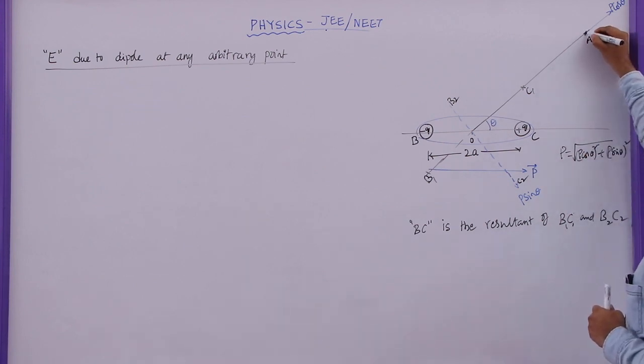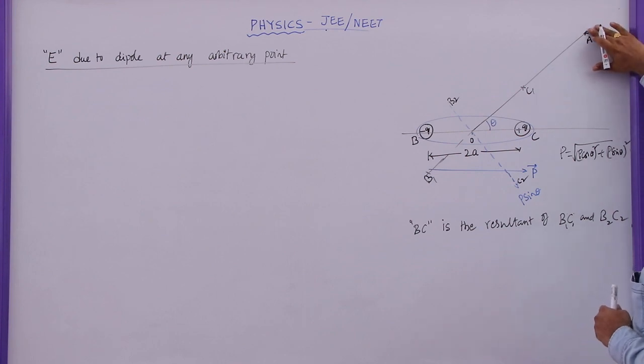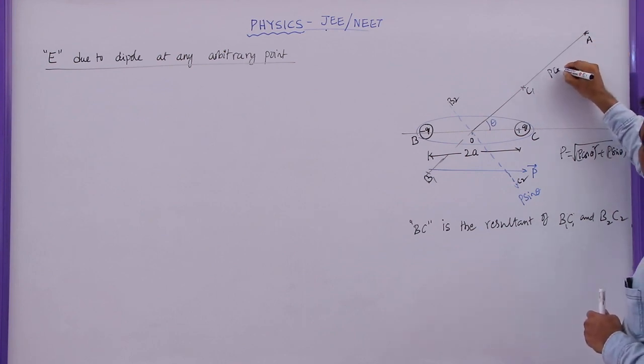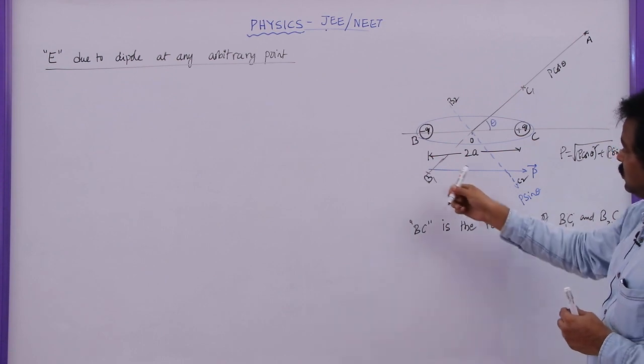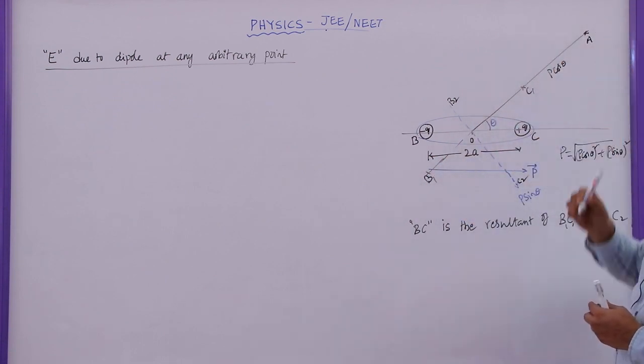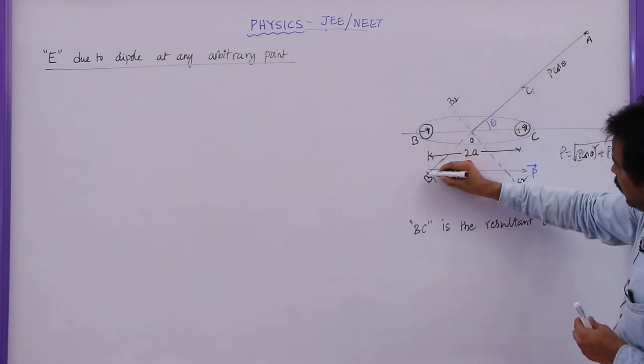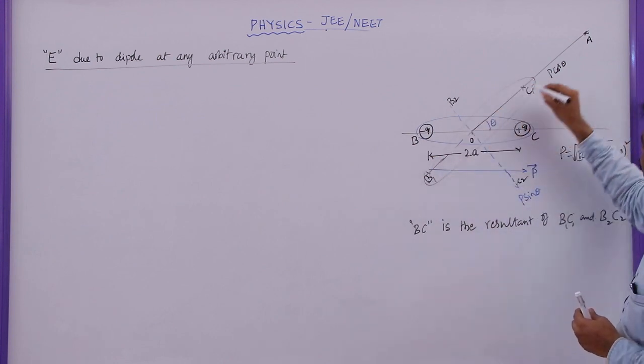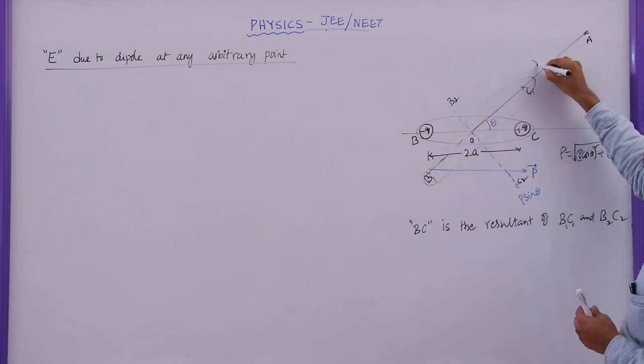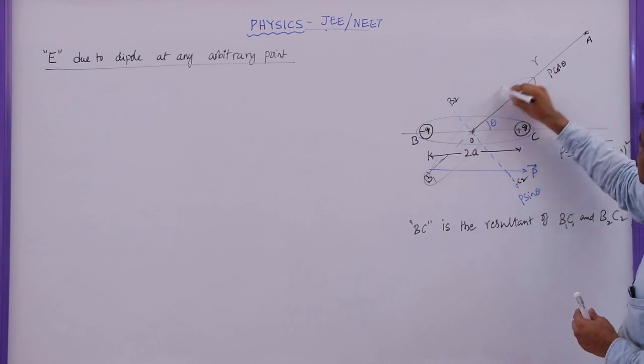So now if I want to find the electric field at this point here, this is in this direction, this is P cos theta. So what is the electric field on this axial line? The electric field of this BC dipole on its axis at a distance r from the center of the dipole, this distance is r.